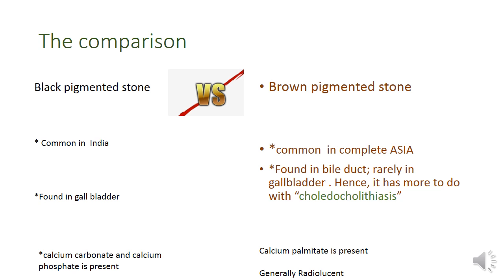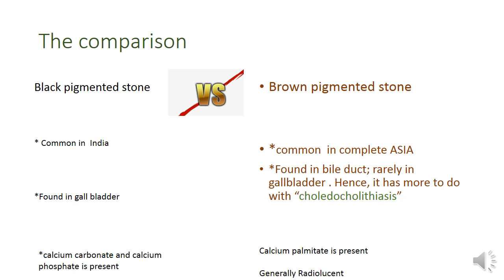Now, based on calcium salts, black pigmented stones have calcium carbonate and calcium phosphate, whereas brown pigmented stones have calcium palmitate. Based on whether you can see them in X-rays or not, black pigmented stones are 50 to 75% radiopaque, that is, you can see them in X-rays, whereas brown pigmented stones are generally radiolucent, that is, they cannot be detected in X-rays.